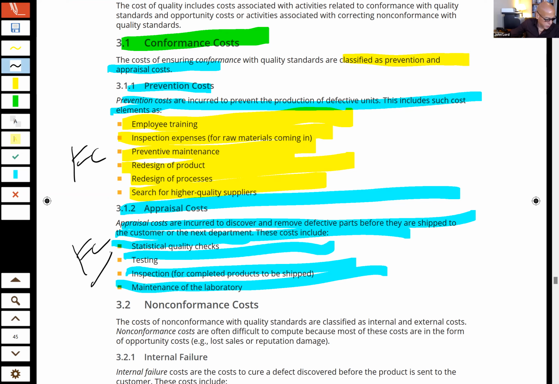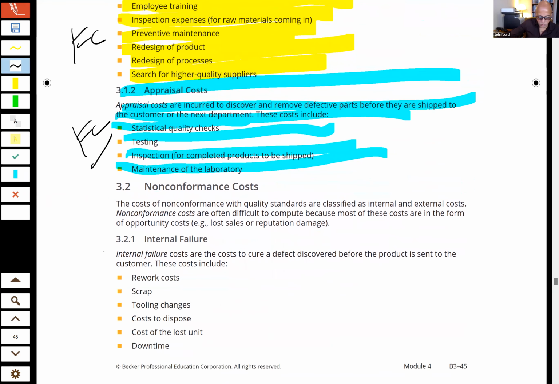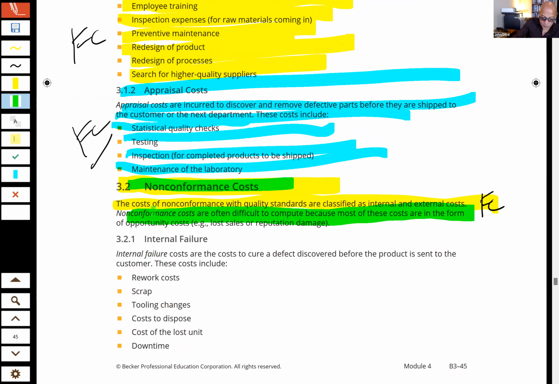Now, non-conforming costs is what happens if we don't meet our goals of quality. Cost of non-conformance with quality standards are classified as internal and external. So flashcard that. Also flashcard that non-conformance costs are often difficult to measure because sometimes we just lose a customer, right?